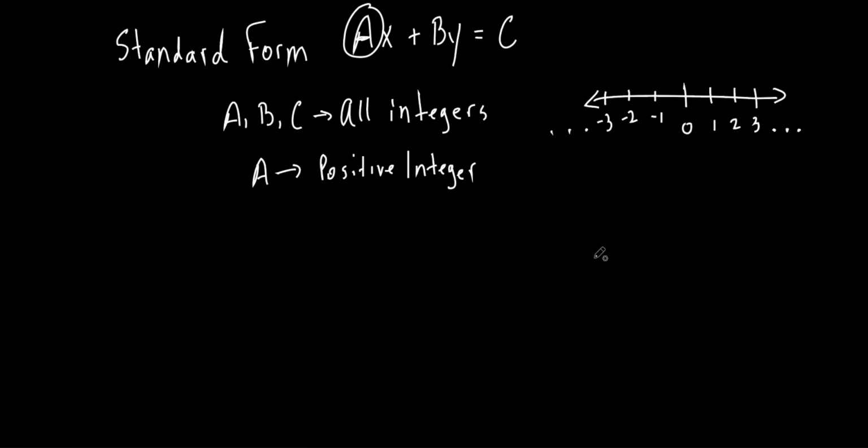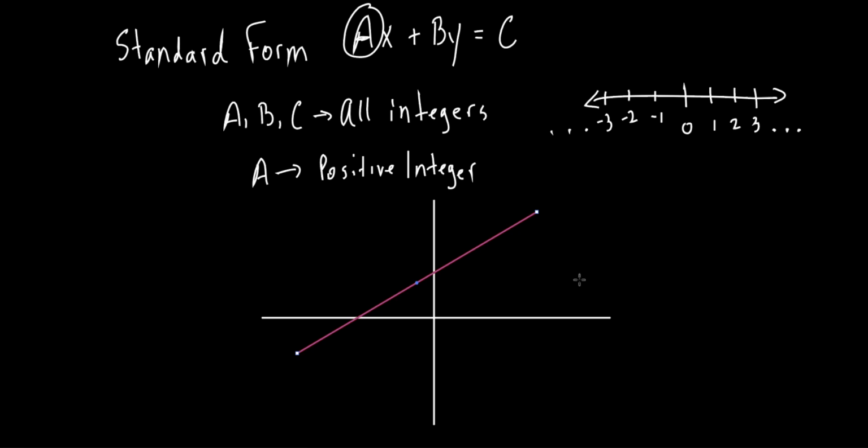All right? Now, here's what we're going to do. I'm just going to give you a little background to this first. So there's our x and y axis. Let's just put some random line that goes through there like this. So there's our line. I don't know any of the numbers, and at this point, I don't really care. What I'm looking at are two things. One thing we've already talked about, and that's the y-intercept.